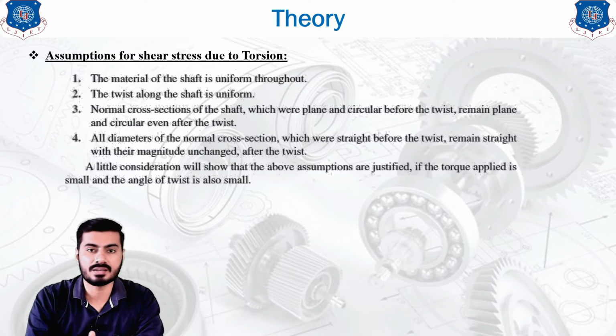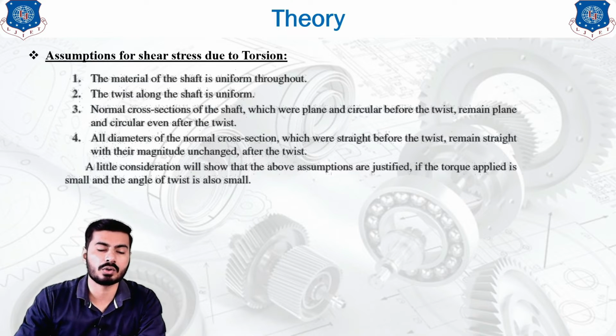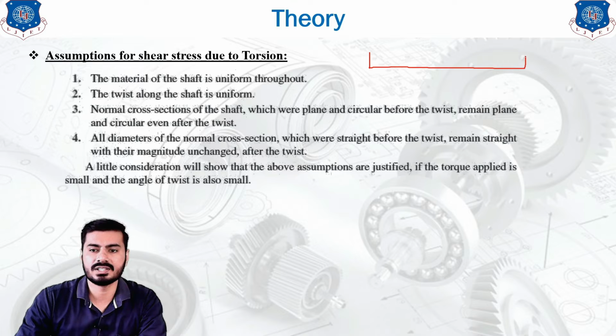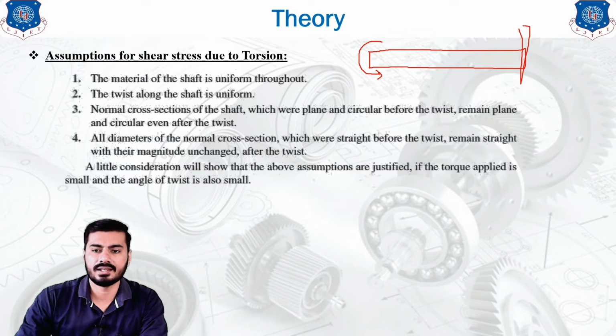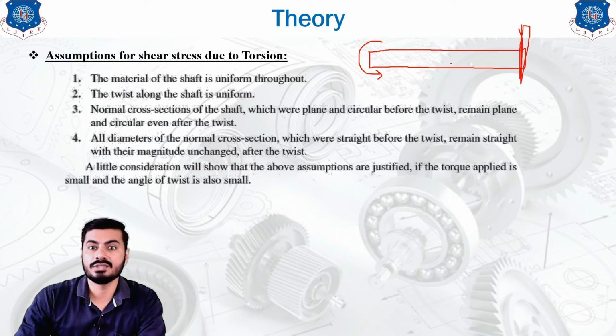Now the second assumption is that the twist along the shaft is uniform. We have assumed that if the shaft has a length L, and you apply the twisting moment over this end while the other end is fixed, then the twisting of the whole shaft is uniform.